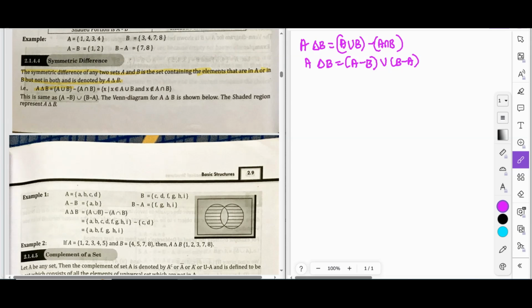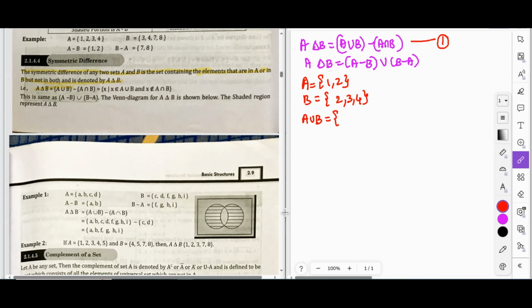Okay. Now for example, if I take one question, if A is 1, 2 and B is 2, 3, 4, I want to find the symmetric difference of the given sets A and B. I'll go with the first formula. I need to find A union B. What is meant by union?